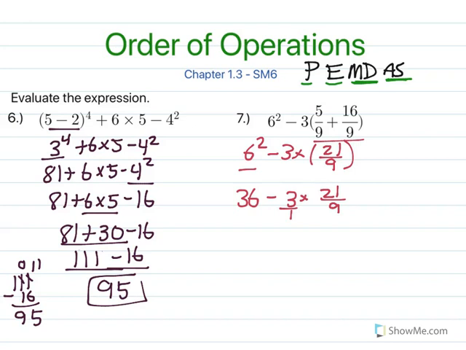And so when I multiply, I'm going to have my 3 and my 9 simplify, this becomes a 1, this becomes a 3, and I have 36, which comes down, minus 21 over 3. That means 21 divided by 3, which is 7, right? So it's really 36 minus 7. I do this, and I get 29.